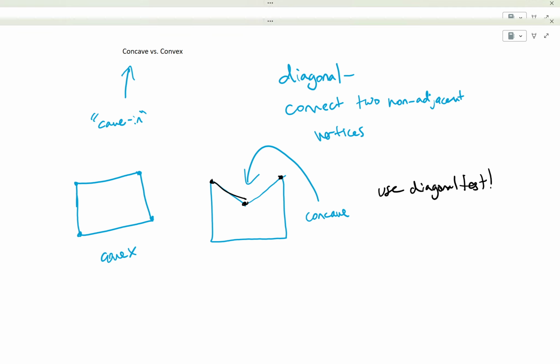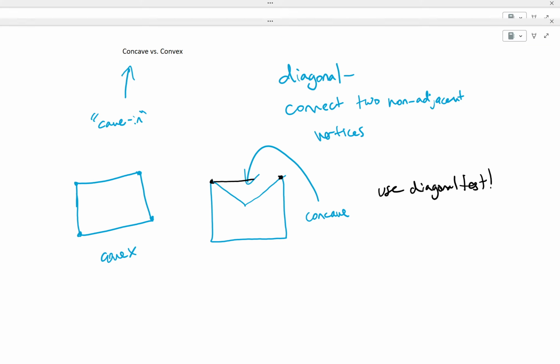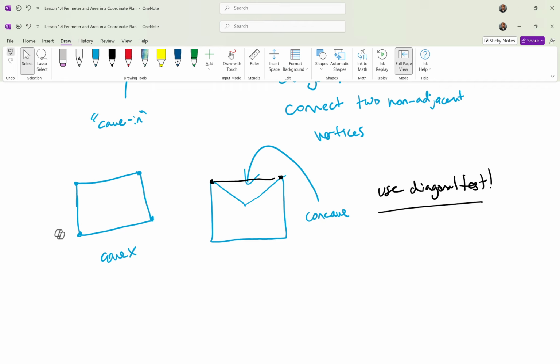Let me back that out because I'm not going to erase it successfully. But if I connect from here to here, these are non-adjacent vertices. You see what happened there? That is in fact exterior to the figure if I use my diagonal test, which makes it concave. When all of my vertices, like on the convex quadrilateral, are interior, that is going to be a convex polygon.